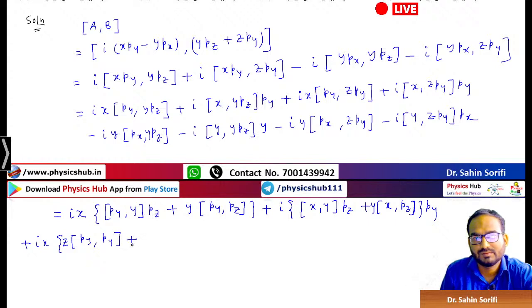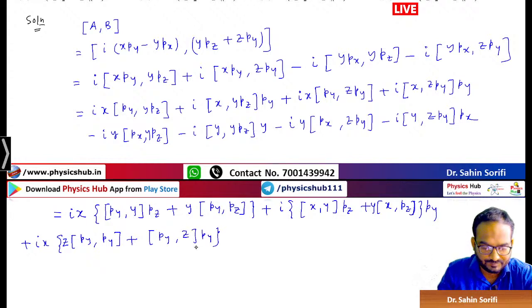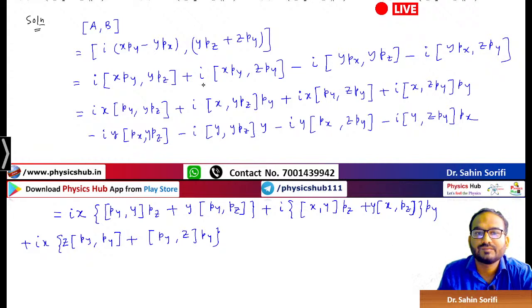There is one mistake in the second line, second term here. px instead of py. No, it is fine, right?